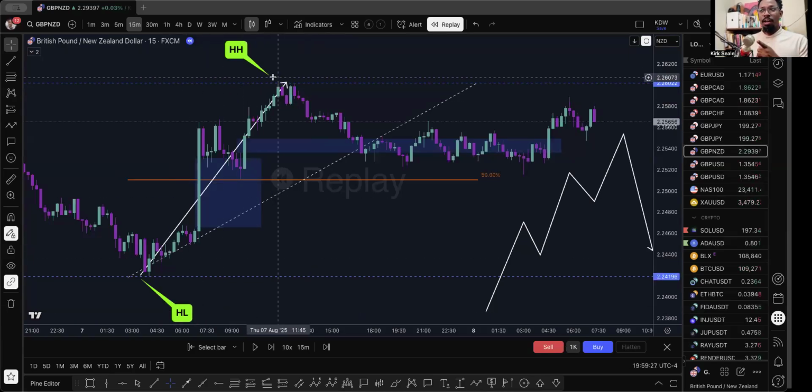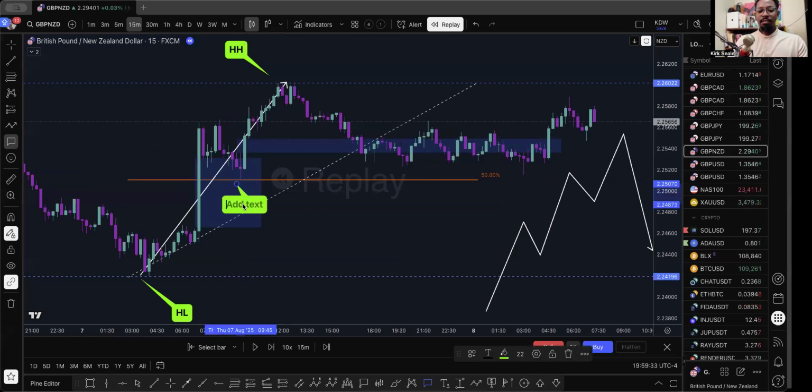This is the overall high. However, in between the overall low and the overall high, we did get a low, which I'm going to call the internal low. And we did get this internal high.